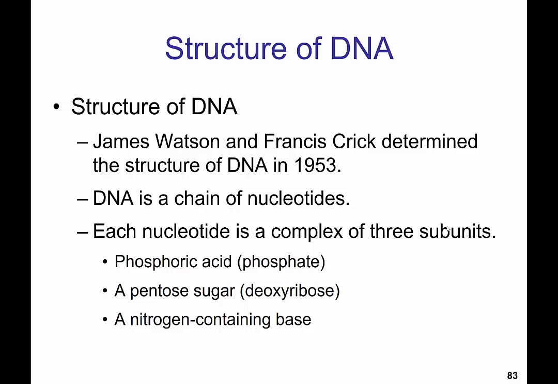We have a phosphoric acid or phosphate, a pentose sugar, for DNA it's deoxyribose, and a nitrogen-containing base. They also knew from Erwin Chargaff's work that the amount of adenine always equals the amount of thymine, and the amount of guanine equals the amount of cytosine. These are the nitrogen-containing bases: adenine, thymine, cytosine, and guanine.